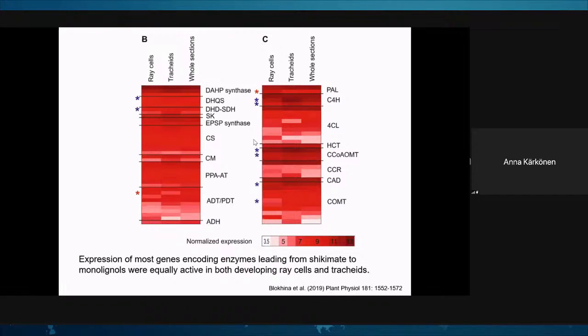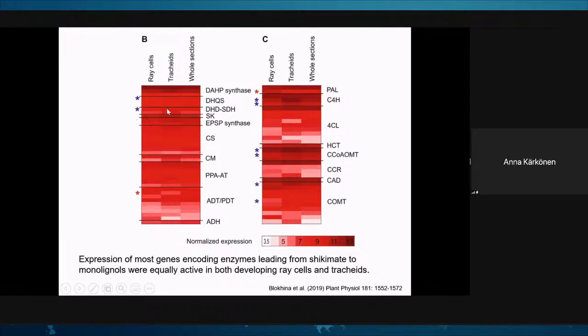And when we have a look at the phenylpropanoid synthesis from shikimate down to monolignols, these are the genes encoding the enzymes in those pathways. Expression of most of the genes encoding enzymes leading to monolignols was equally active in both developing ray cells and tracheids. Basically, if the color is the same in this column and this column, then the expression is the same.